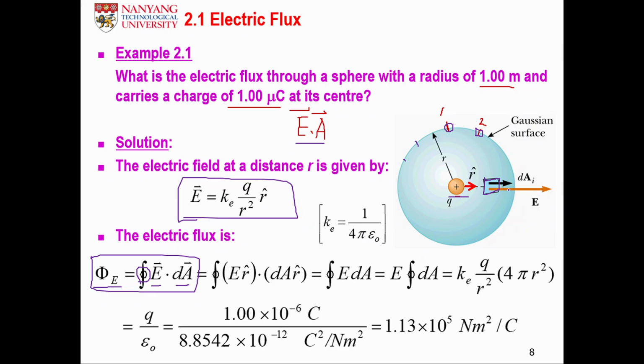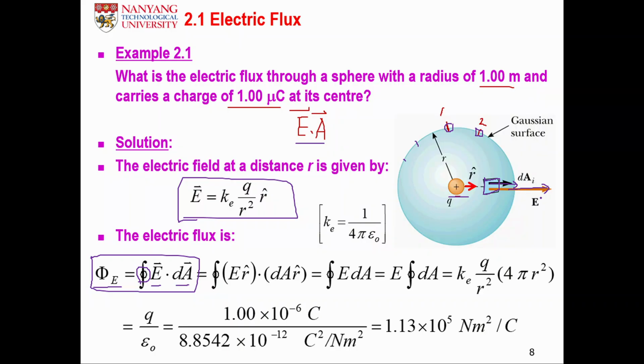First of all, this should be the direction of E, because here you have a positive charge, so this is going to be the direction of the E field. Then how about the direction of dA? Again, this now is a closed surface, so dA should be pointing along the surface normal and at the same time pointing out of the surface. So for dA, this should be the direction, right?